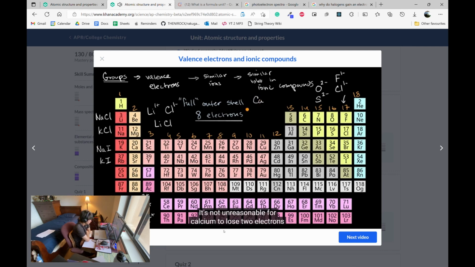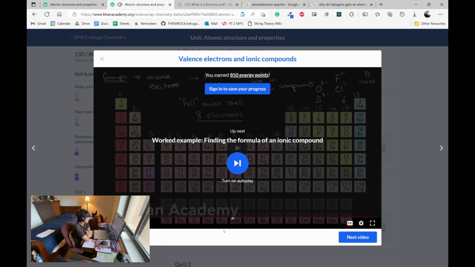Okay. This is cool. Wait. 2 means it has 2 valence electrons.